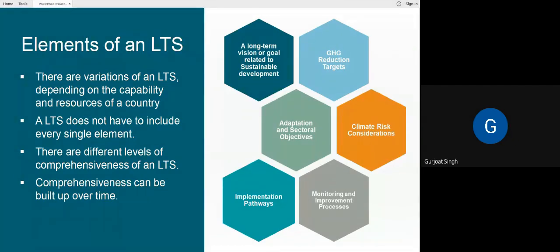And we have trained both the suppliers of data and the regulatory authority in quality assurance and quality control procedures to make sure that the emissions are checked.